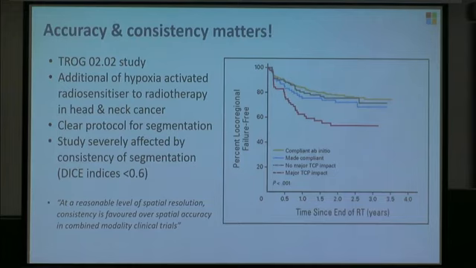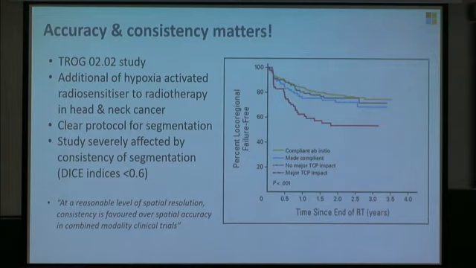Well, the study from its primary hypothesis was negative, but the problem was that there were multiple protocol violations, and it was severely affected by the poor consistency of the segmentation. In subsequent analysis, they looked at good segmentation and poor segmentation, and this is disease control. So if you don't segment the tumour correctly, patients die, right?